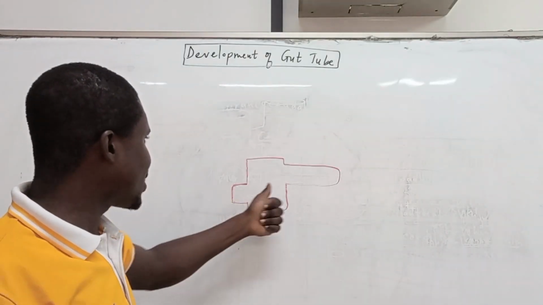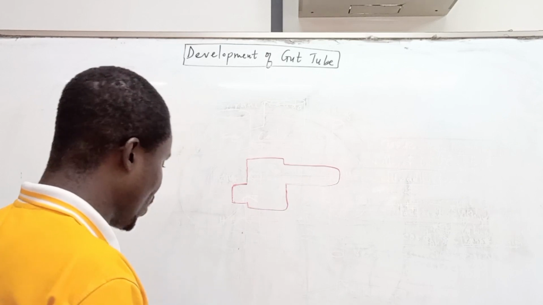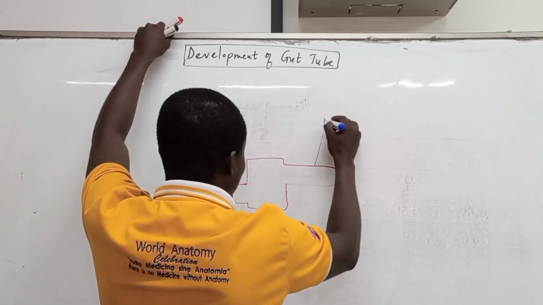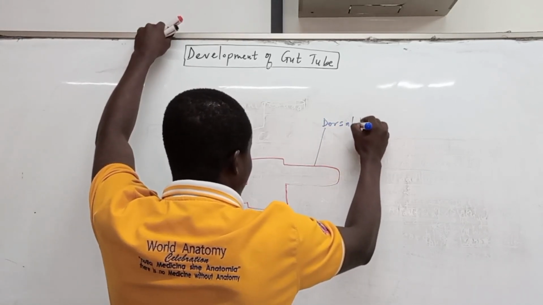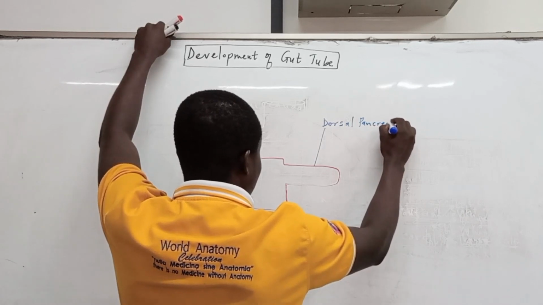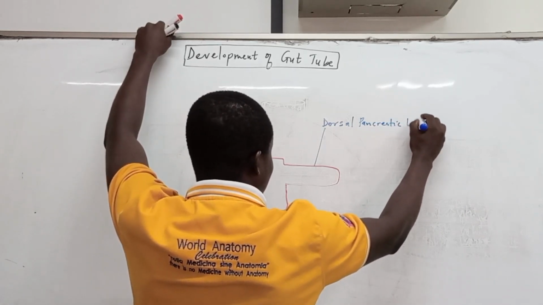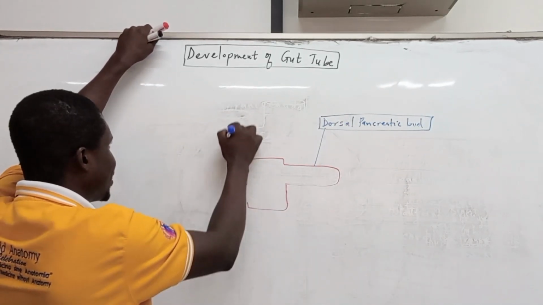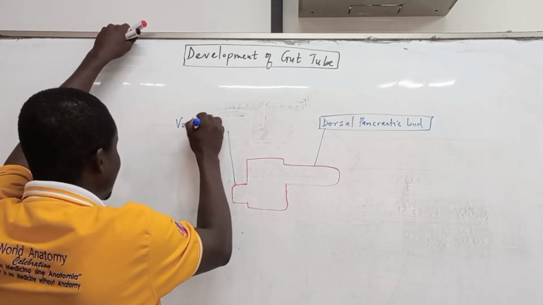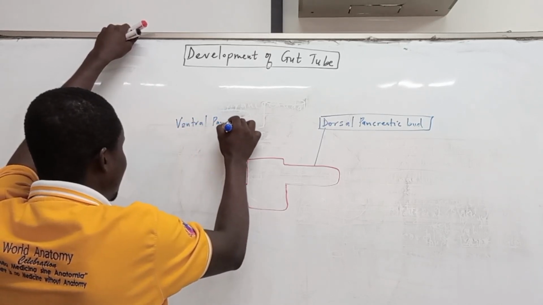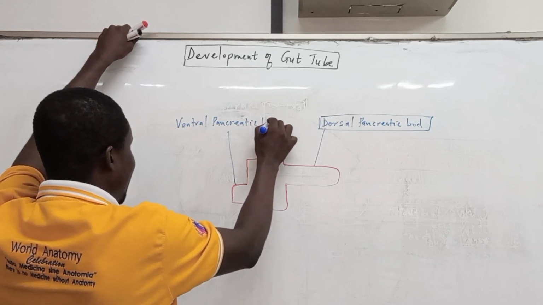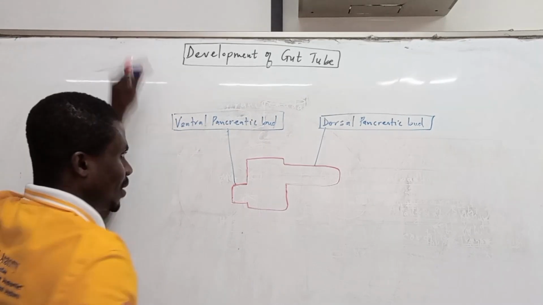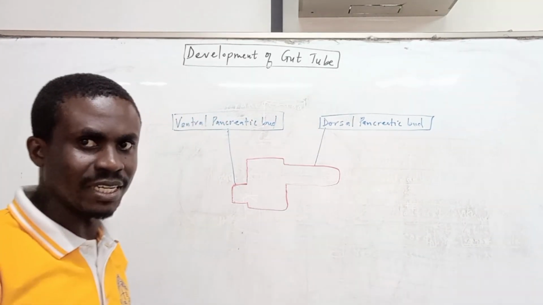Now this guy over here is the one which we call the dorsal pancreatic bud. And then the one in front here is the ventral pancreatic bud. Okay, so please appreciate that.